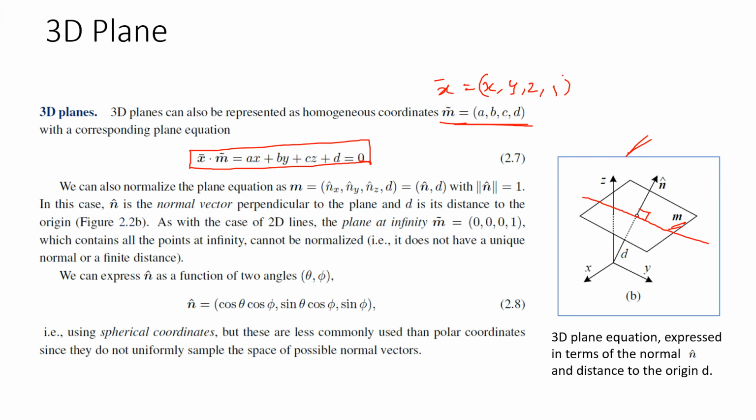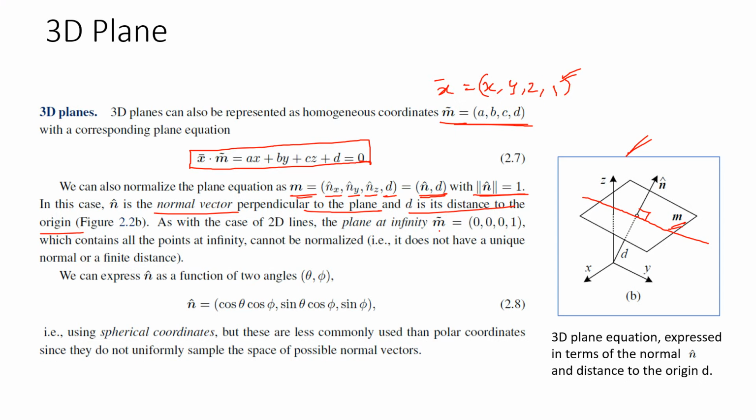We know how to represent this point from the previous slides, and we are normalizing it with n as 1. So we represent n cap x, n cap y, n cap z, and d. In general we represent all three terms as n bar and d, where n is the normal vector perpendicular to the plane and d is the distance from the origin.